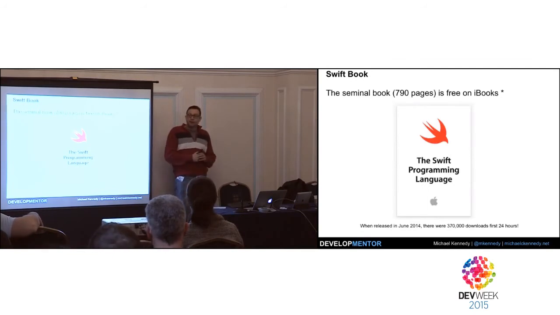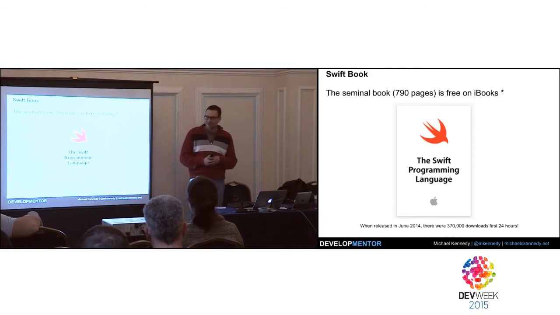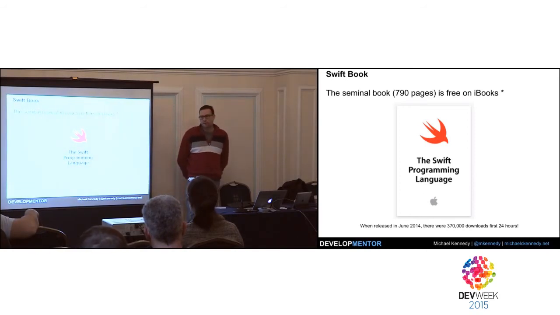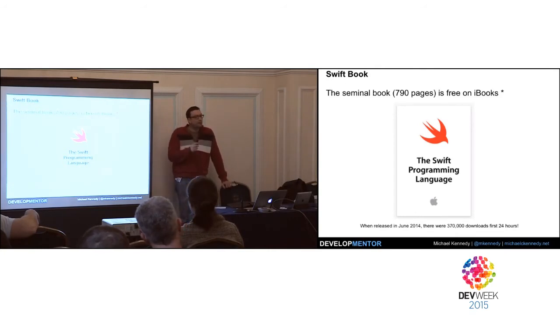There's this book. If you own an iThing, you can get it for free. Just go to iBooks and download it. So this is in the iTunes bookstore. What's remarkable about this is not just that there's a free book about the language. That's not super remarkable. What's remarkable is it was downloaded 370,000 times within 24 hours of its being available.